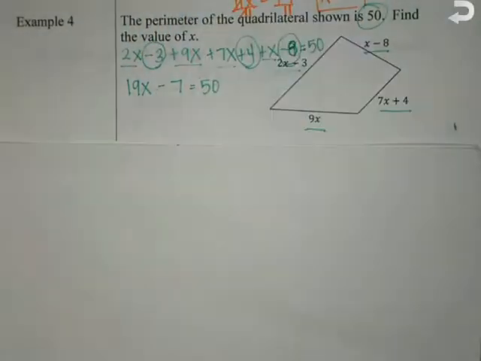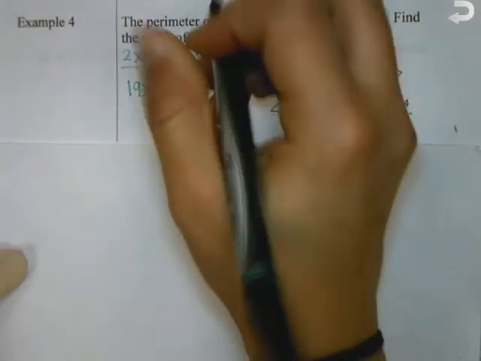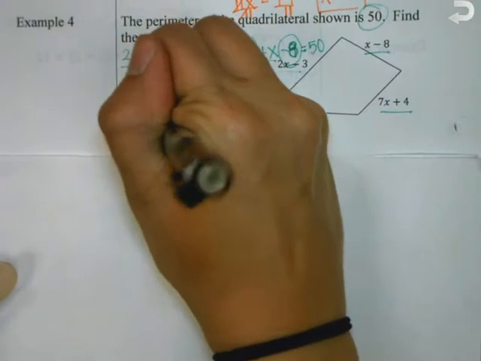Okay, what do I do to solve this two-step equation? Who's in 36? Skylar, what do I do? Very good, I add 7 to both sides. So that's going to give me 19x equals 57. And then what do I do to solve that? Who's in 35?